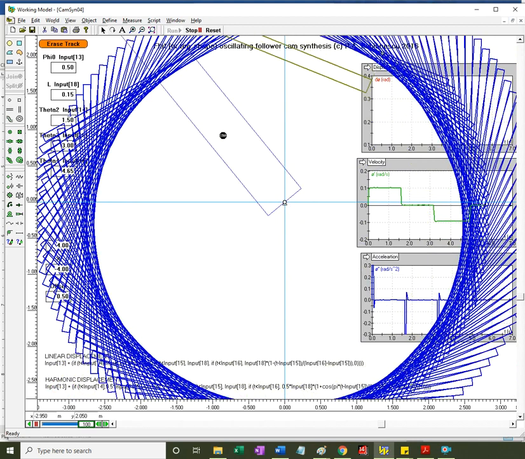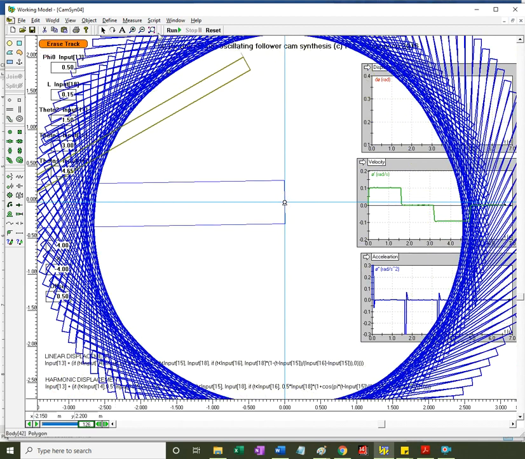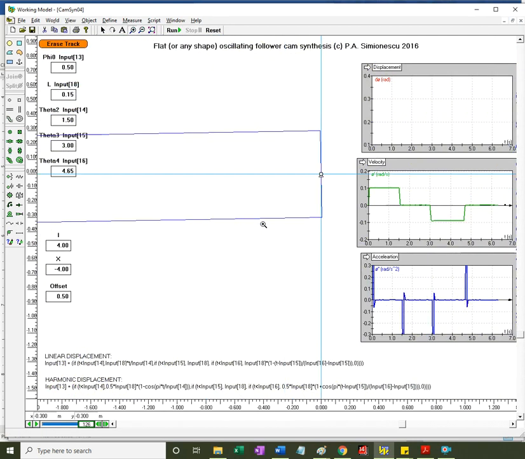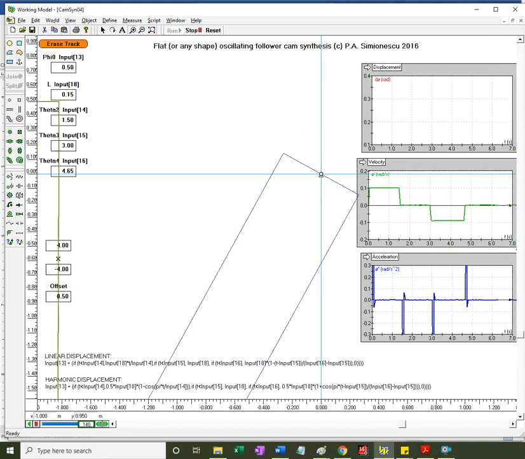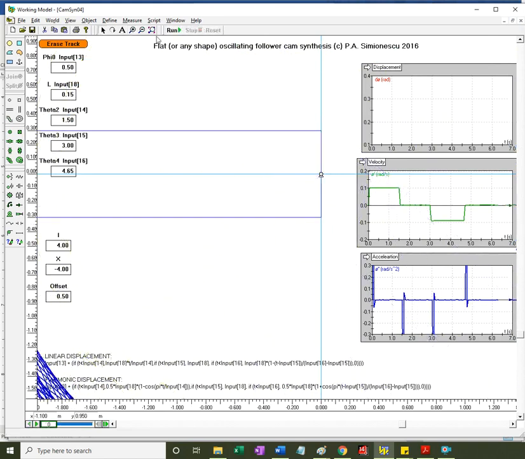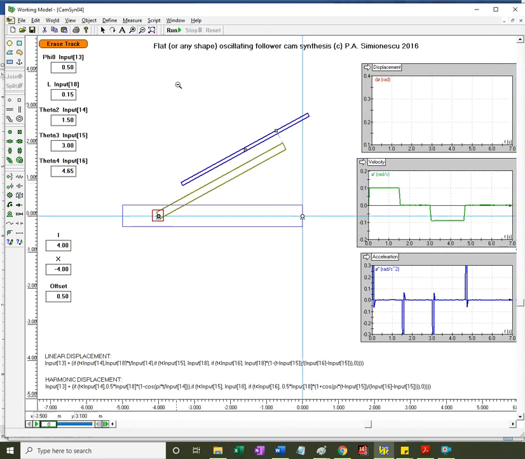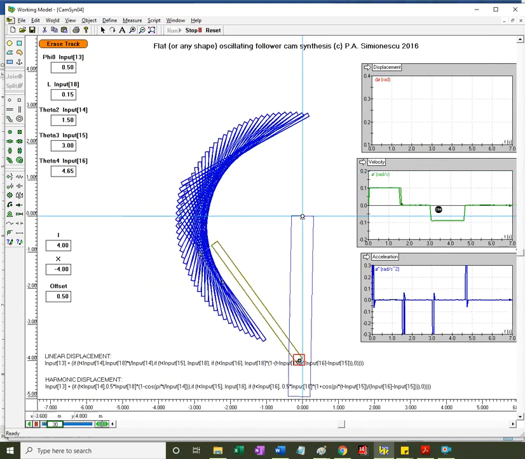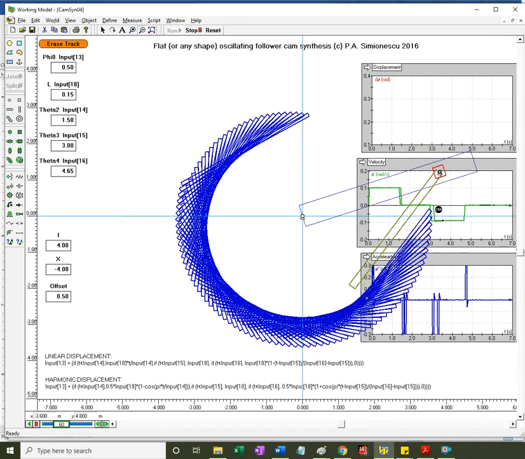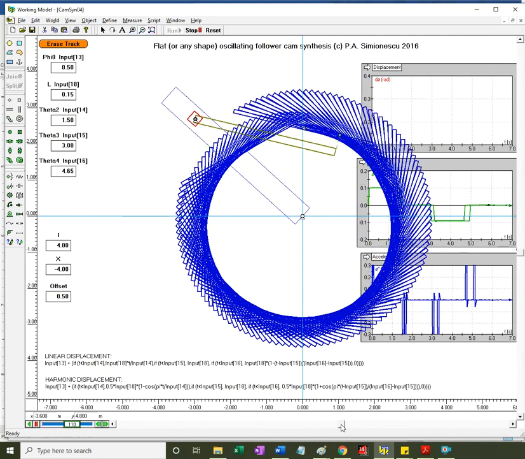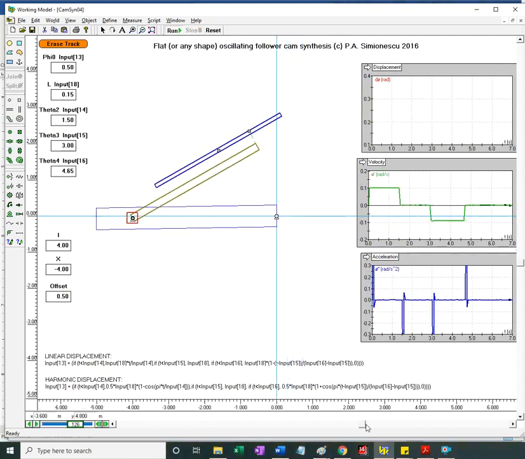And so you can see here it's smooth shaped. Let me make it bigger. Run again. So now the shape of the cam is smooth.